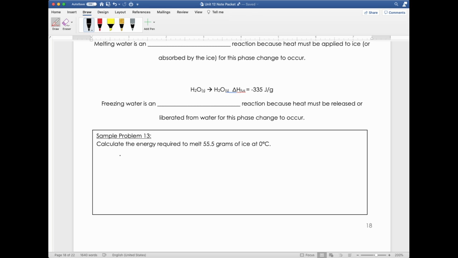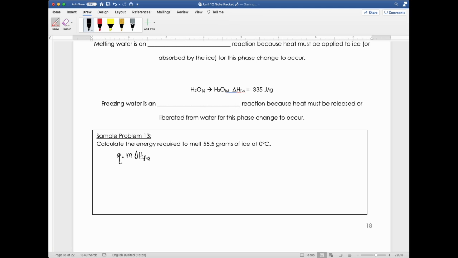So we know our equation is Q equals m times that enthalpy of fusion. And for water, we know that enthalpy of fusion because it's actually given to us in these problems from above. We are adding energy to the system, so we are going to use that positive value in this case.